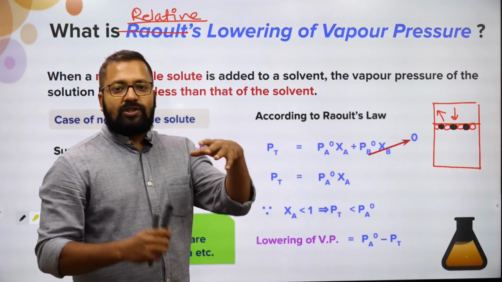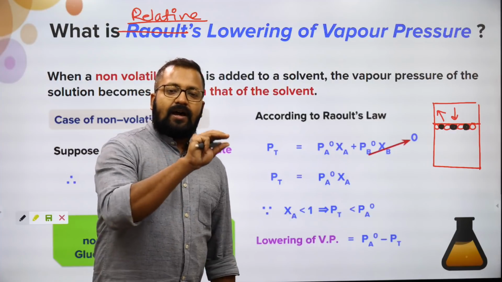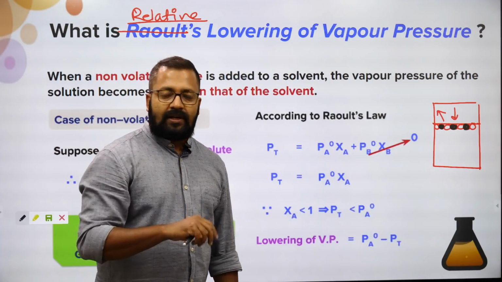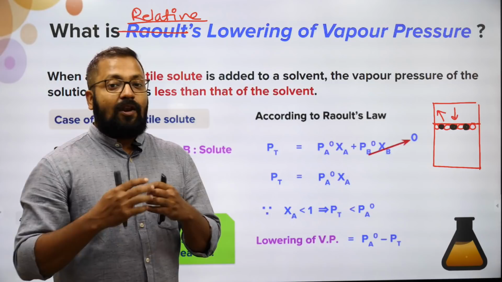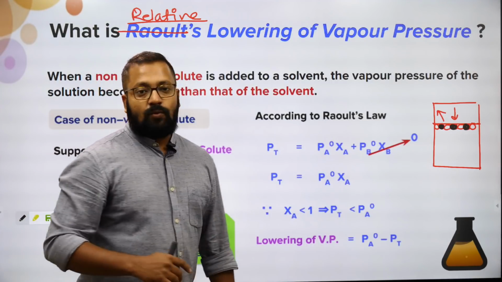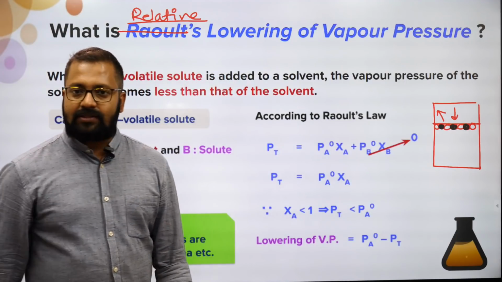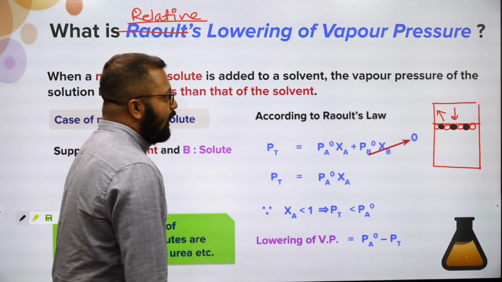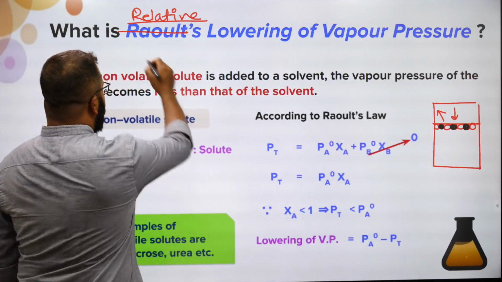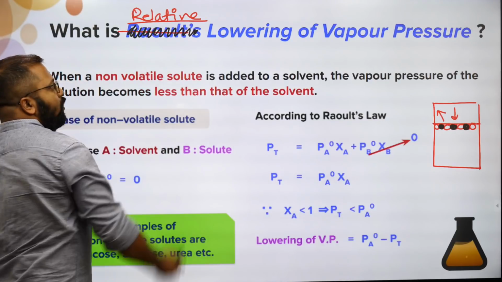जितने solvent molecules पहले थे, let's say 100 solvent molecules पहले थे, now if there are some solute molecules also present, and these solute molecules cannot evaporate. If that is what happens, then the vapor pressure will decrease. Okay, so this is known as relative lowering of vapor pressure. We do not call it Raoult's law. We call it relative lowering of vapor pressure.